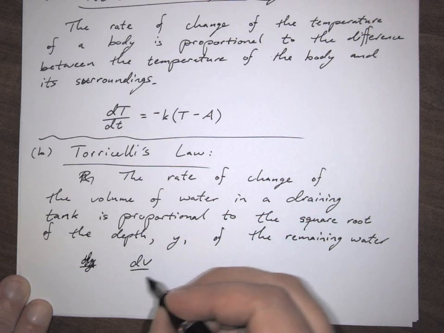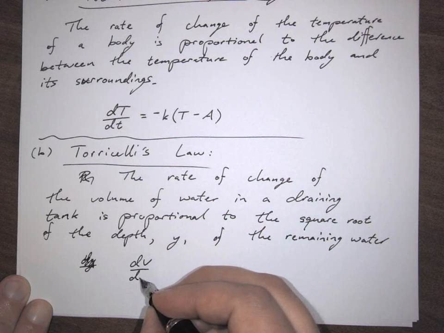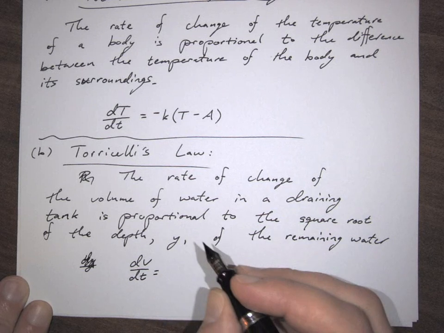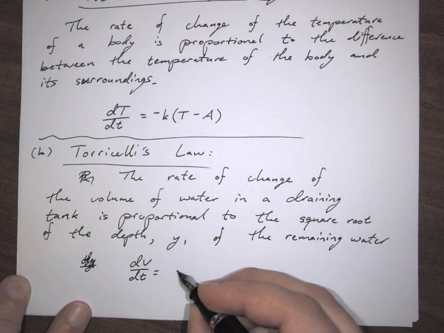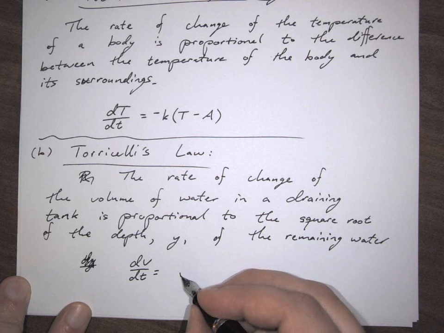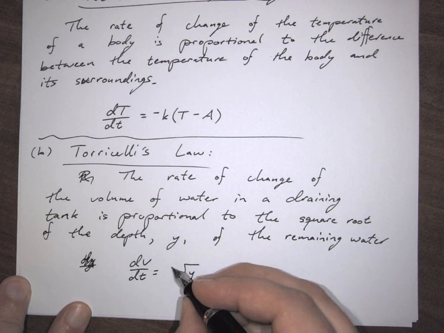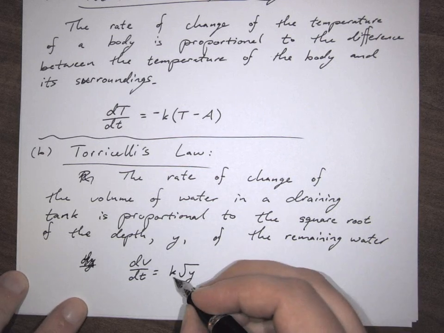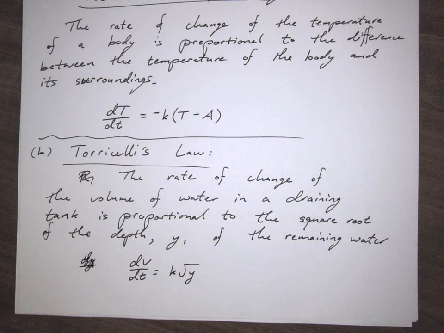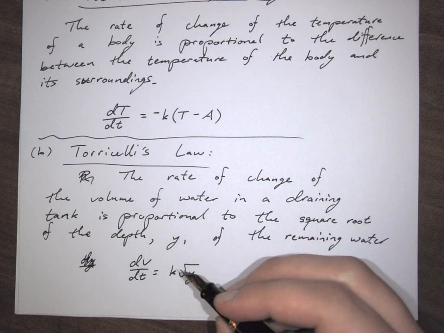So it's going to be the rate of the change of volume with respect to time, and it is proportional to the square root of the depth. So again, we'll use K as a constant of proportionality. But again, we are going to, by default, reserve a positive value for K whenever we can, so that way anybody looking at the formula will know which direction it's going. So let's think about this.